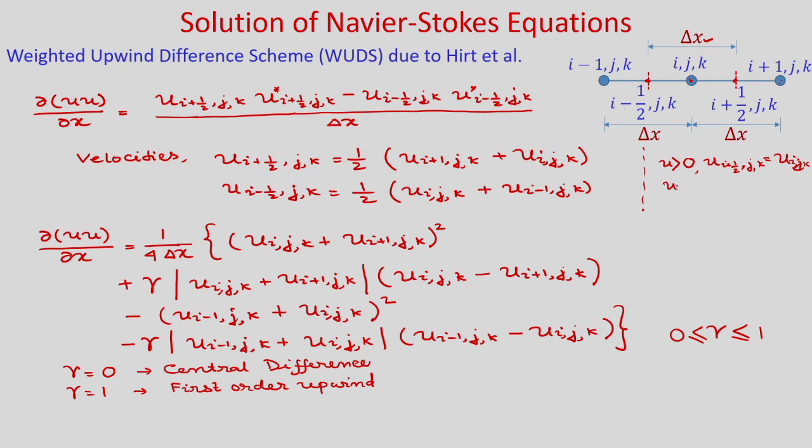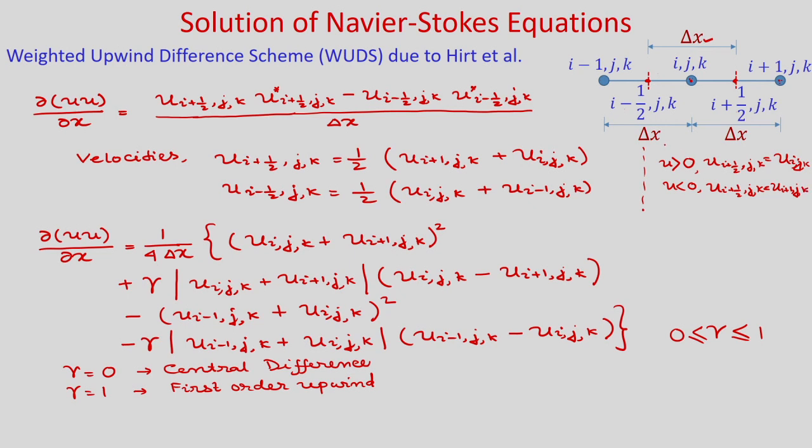And if u is less than 0, that means the velocity is coming from right to left, so you take the value at this point as the same as u(i+1,j,k).